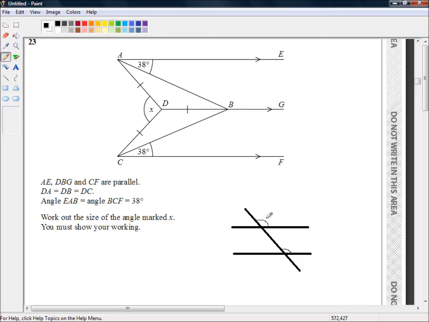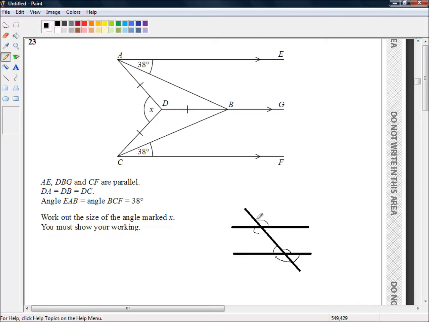This is called corresponding angles are equal. And also vertically opposite angles are equal, which also means that these two angles, which are also vertically opposite, will also be equal.